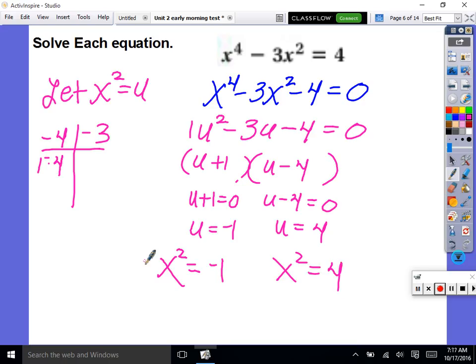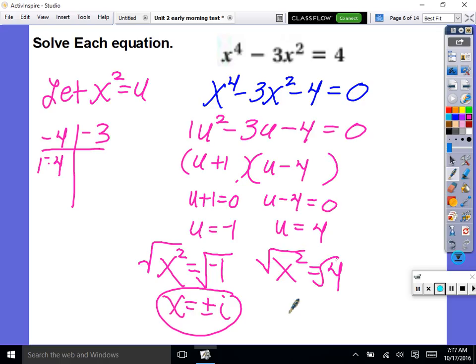Solve for x. Square root. So we get x is equal to plus or minus i. And then the square root of 1 is 1, right? So 1 times i is just i. Okay, square root, x is equal to, okay, let's check. 1, 2, 3, 4, it's degree 4, we've got them all.